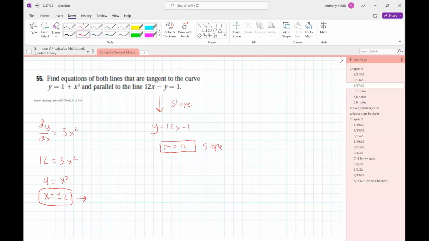I'm going to use this to get my point. Where am I going to plug this in to get my point? Into the original. So I have the point 2,9, and I have the point -2,-7.